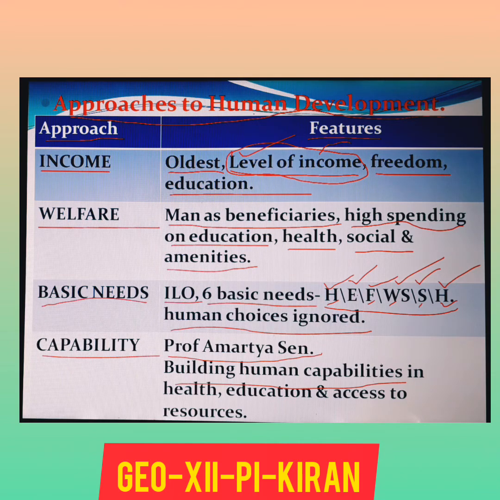You give a person better education so that he is capable of contributing to nation building. So make a person healthy, provide him higher education, and make the person capable so that he has access to resources.